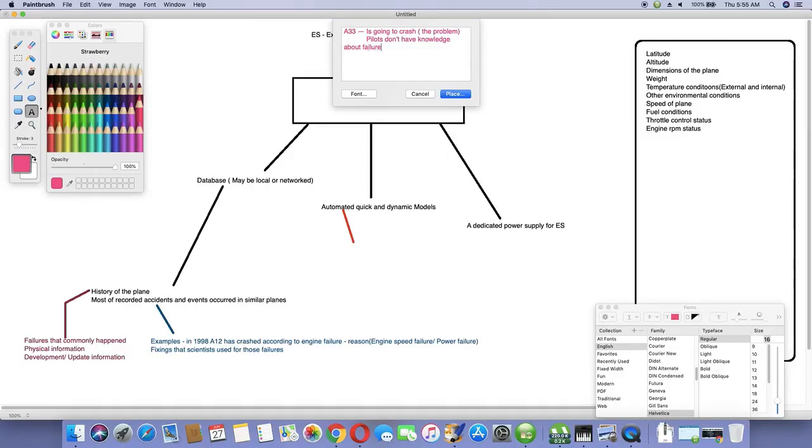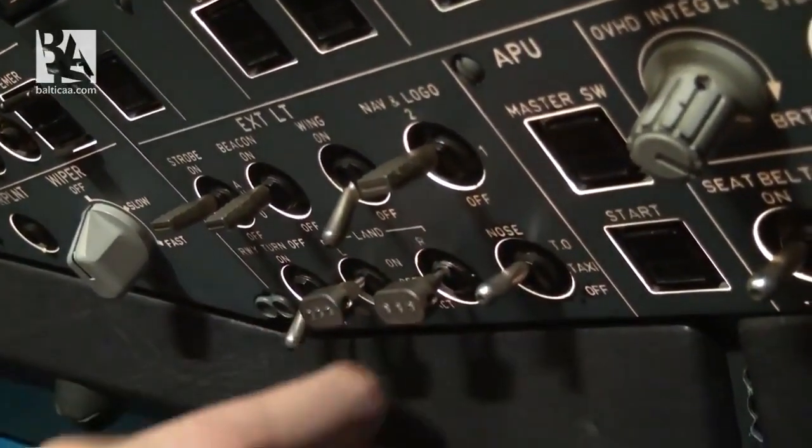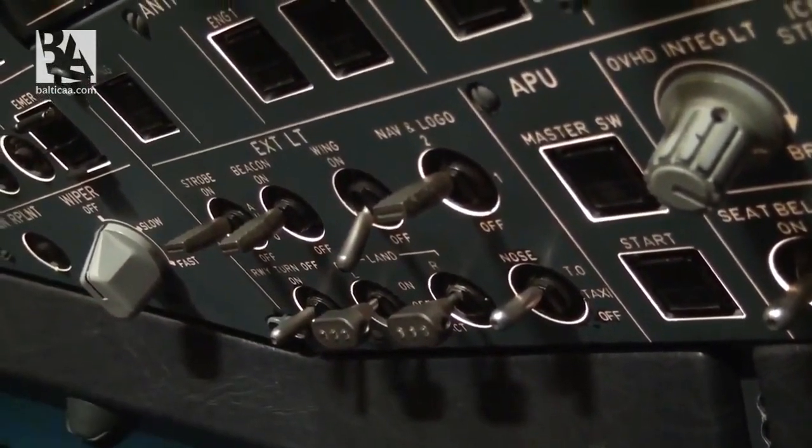The pilots don't have enough knowledge about the failure, so now the pilots have to let the ES system work on it.